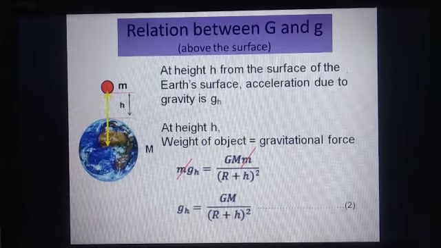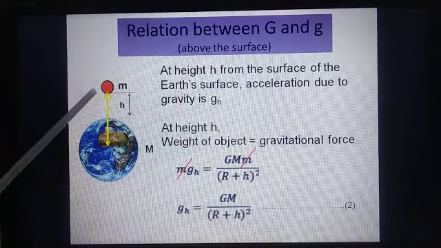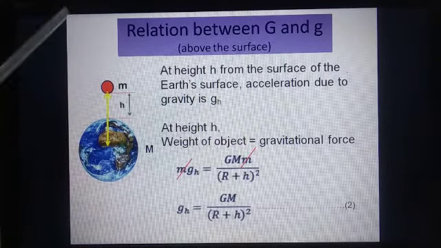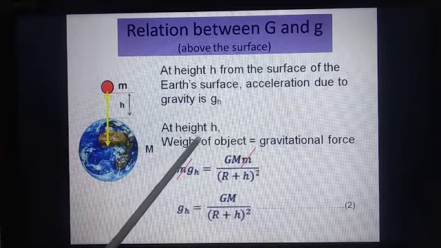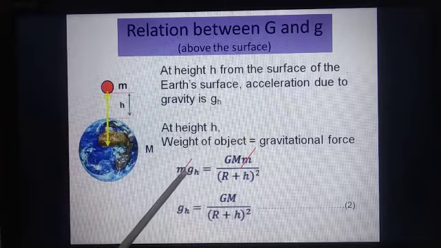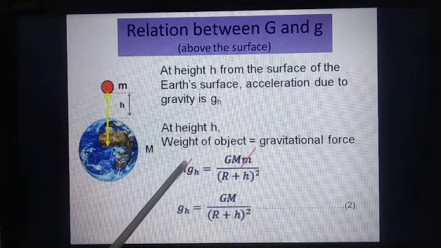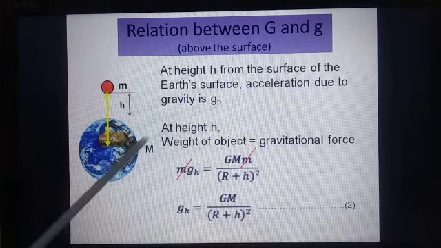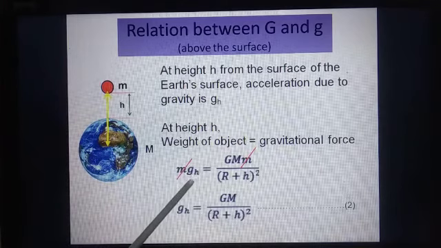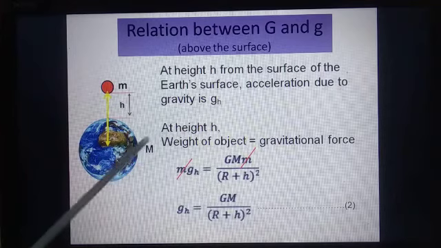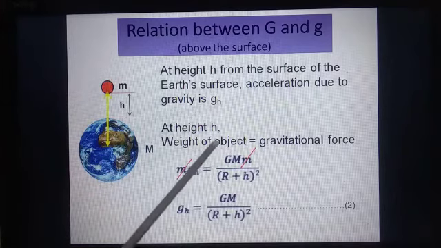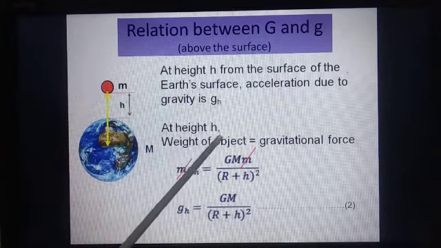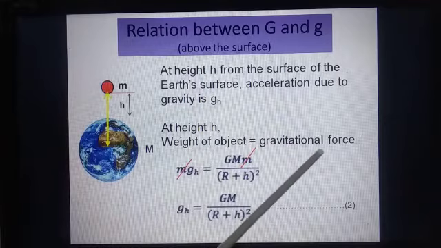Now once again we see the relation between the gravitational constant and acceleration due to gravity, but above the surface of earth. Here we mention a certain height, that is h. So the weight of the object at a certain height becomes m into gh, where gh is the acceleration due to gravity at that height, and this weight is once again equal to the gravitational force.